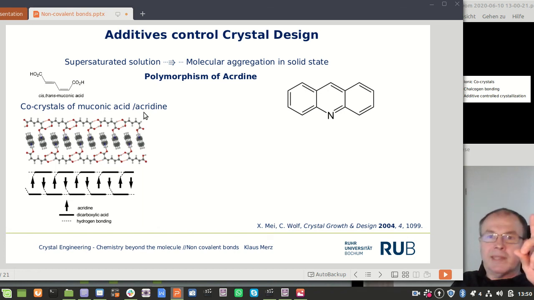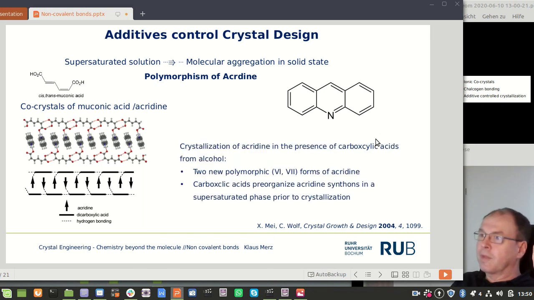Okay, the hypothesis was, okay, let's use this orientation, the co-crystal, to obtain a new polymorph of acridine. Yes, so they crystallize acridine in the presence of a small amount, not small amount, a lesser amount of this acid, no?